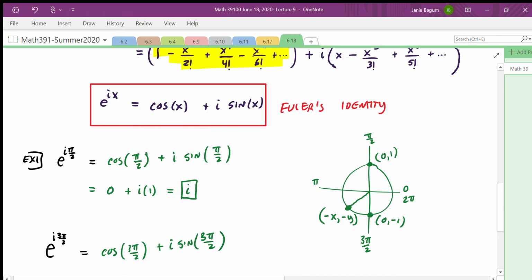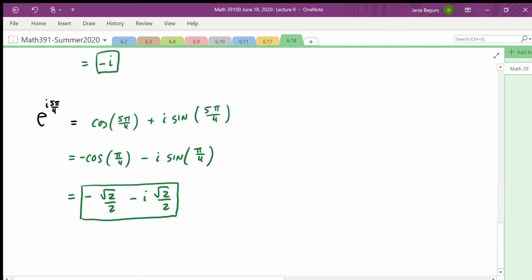Now we want to use this idea on our solutions to the differential equations where the roots happen to be a complex conjugate, right? So this is what we're going to do.